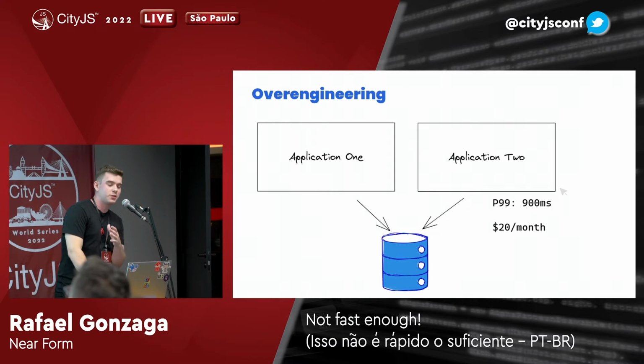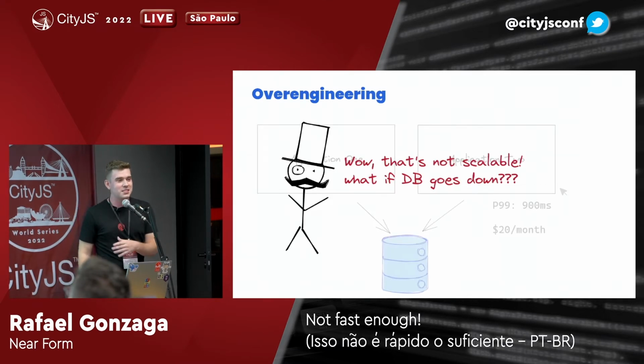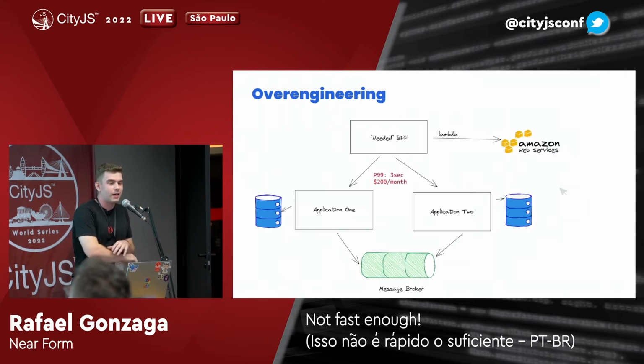But someone joined the project and said, whoa, this is not scalable, you know? What if B goes down? And then what happens is that he creates a long architecture with a Lambda, with a BFF, with a decentralized database, with a message broker like Kafka or RabbitMQ.